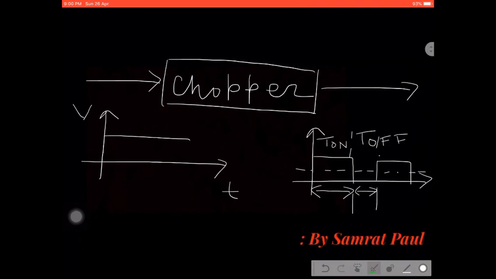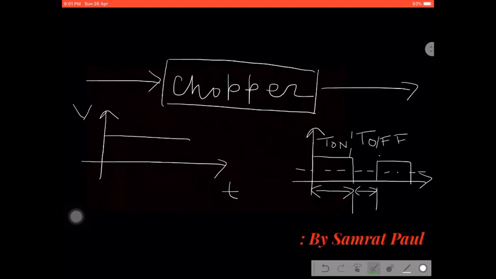The selection of the switch depends on what type of application we are going to apply. If we require high frequency switching, then the selection of the switch will be different. If we require a switch which can block the maximum output voltage during the off state, then the switch will be different. That is why, on the basis of the application, we can use different kinds of switches for a chopper circuit.